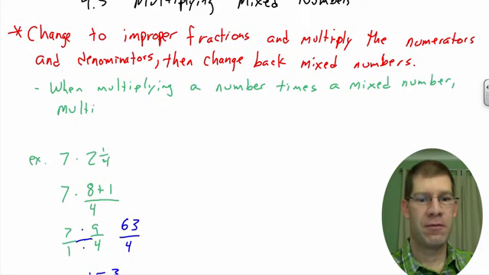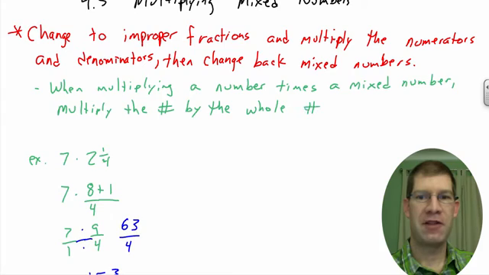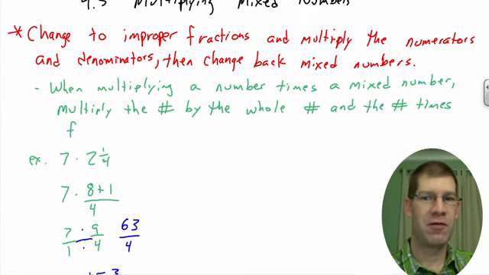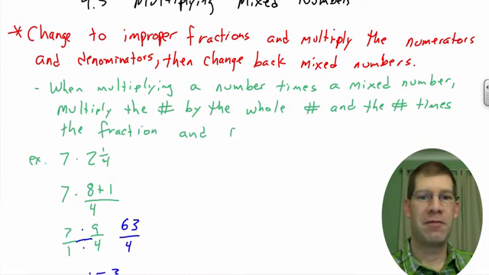multiply the number by the whole number, and by that, for this example, what I mean is do the 7 times the 2, and the number times the fraction, which would be the 7 times the 1/4, and recombine.